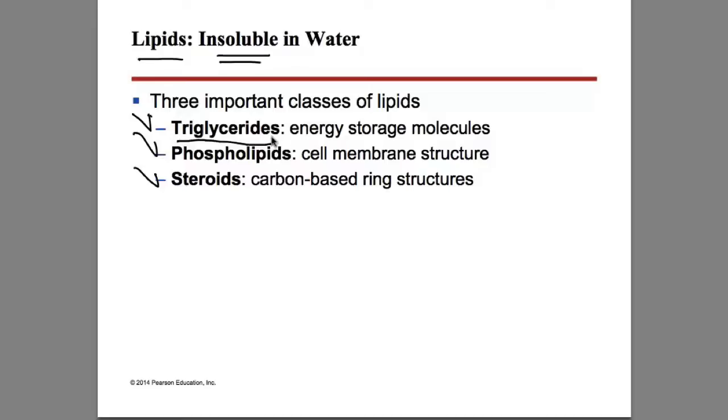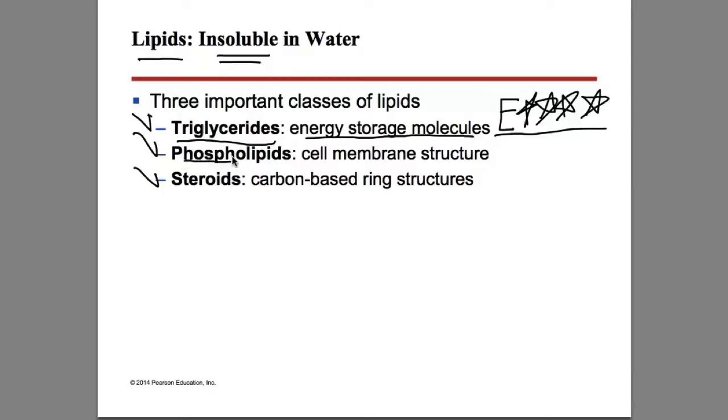Triglycerides are going to be very important, just like a lot of the polysaccharides like glycogen and starch. These are going to be very important energy storage molecules. And we might see later that these store quite a lot of energy. So if the polysaccharides store a lot of energy, these store even more. So they're even more efficient at storing energy.